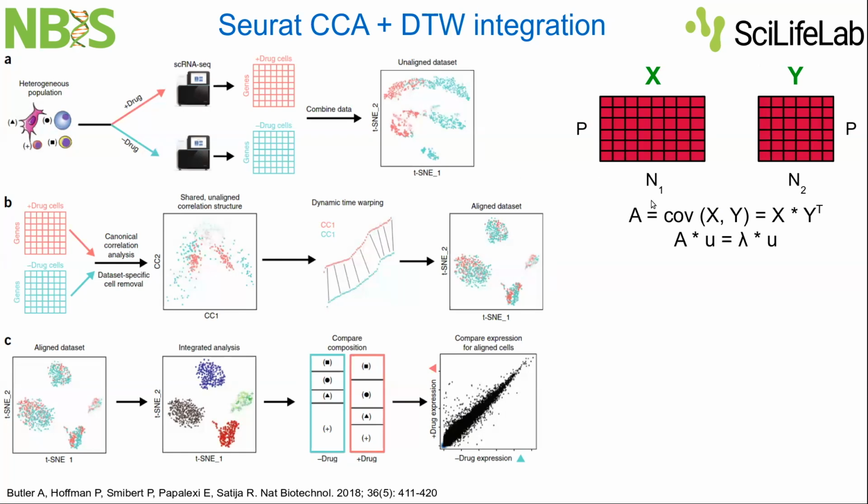And the idea is that you construct a covariance matrix. So if you have two matrices X and Y, you can construct another matrix, which you can think about as a correlation between X and Y. And you can use this covariance matrix for matrix factorization, similar to what PCA does. PCA doesn't have two matrices. It has just one matrix X. And it says, okay, let's compute a variance. You can't compute covariance, but you can compute a variance of matrix X and proceed with the linear algebra problem called eigenvalue decomposition.